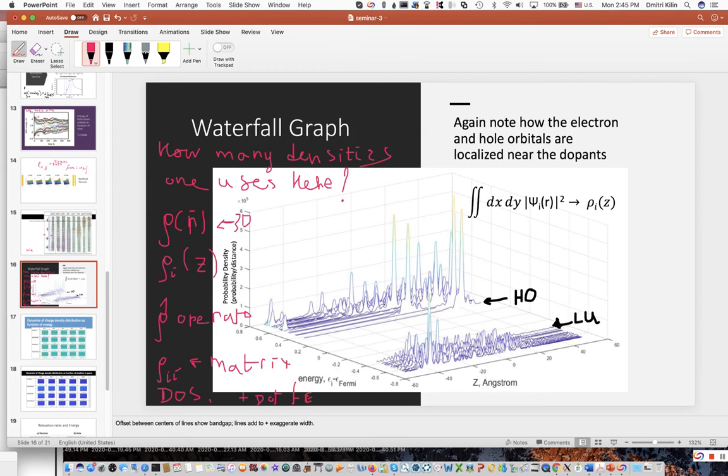So in total, you have six concepts, each of which is called density, and most of them labeled by symbol rho.